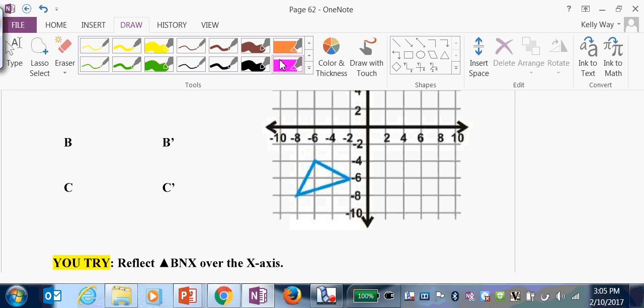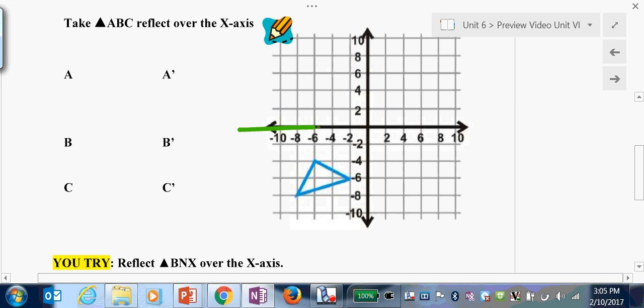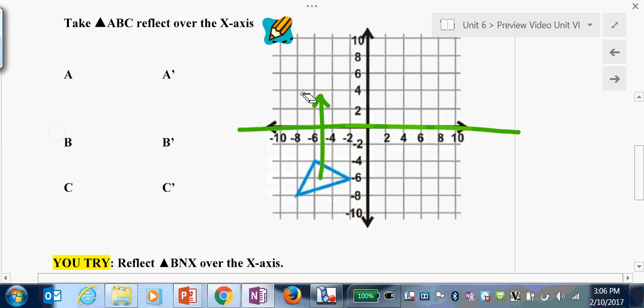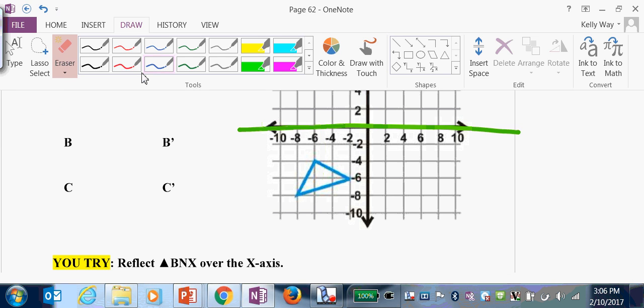Why? Because the motion you engage in is a vertical motion. So there's your x-axis. We're going to take this image and flip it vertically. That's why we change the y coordinate.